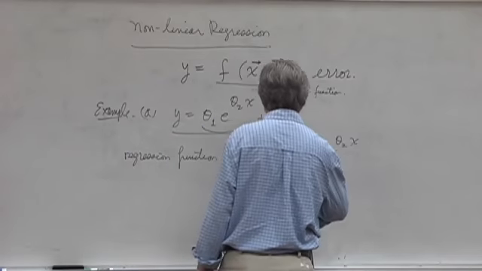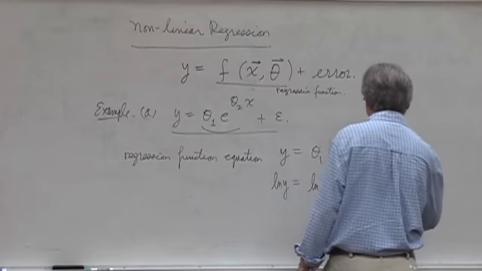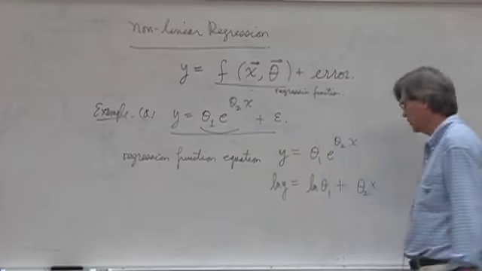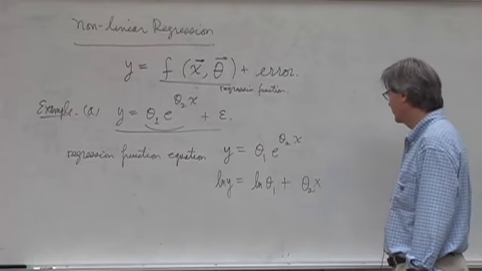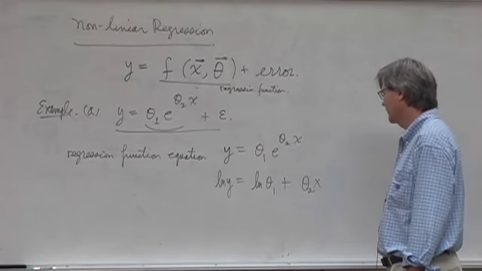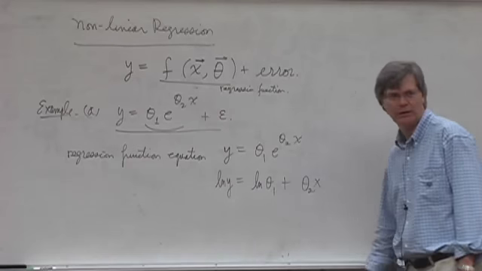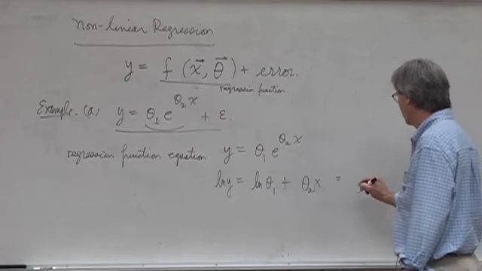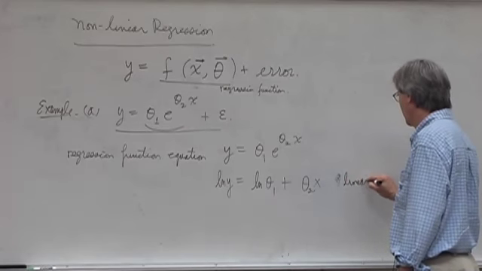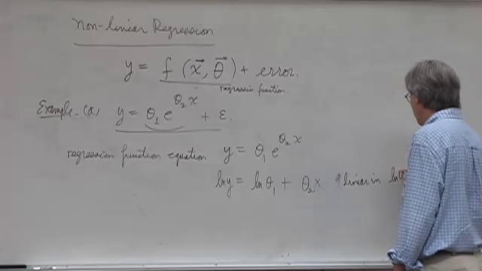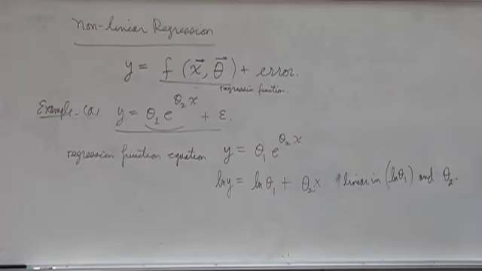I take the log of y equals log theta 1 plus theta 2x, and now that's a linear function of x. What's important is that it's linear in the parameters log theta 1 and theta 2. Okay?